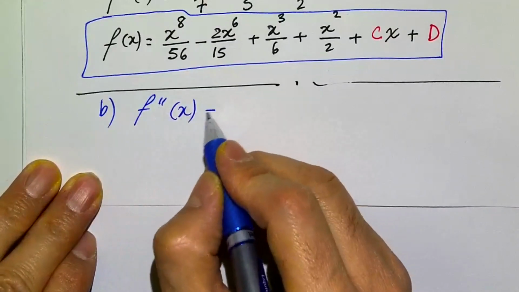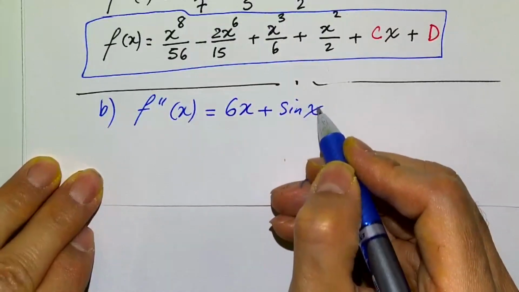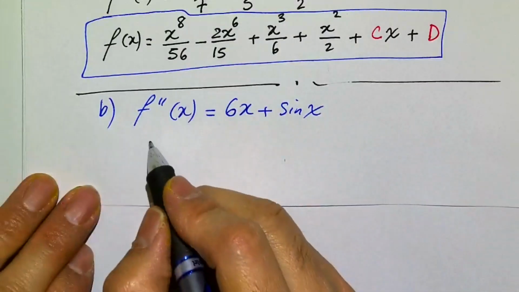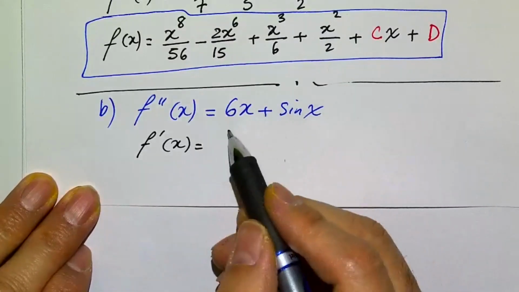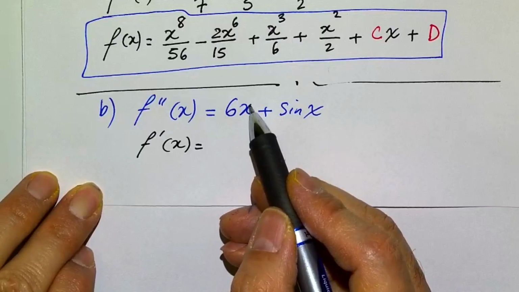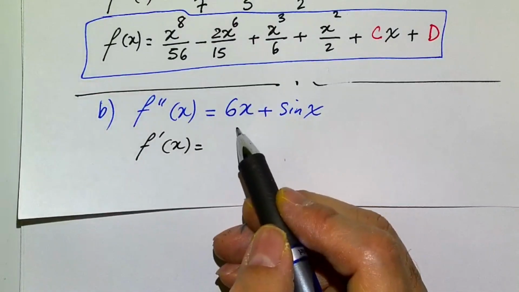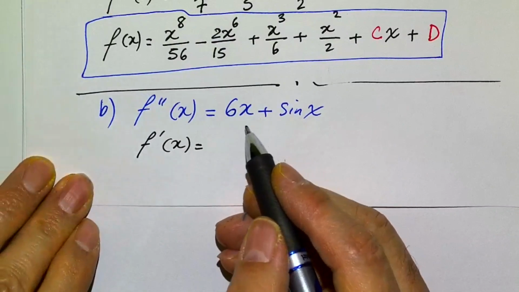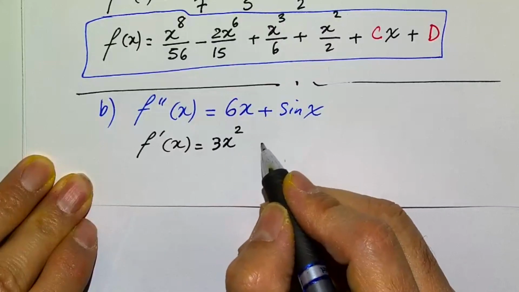So this is the second derivative we have. Then f prime of x equals, so raise this by 1, so that'll be x squared, divide this term by 2, so you get 3x squared.